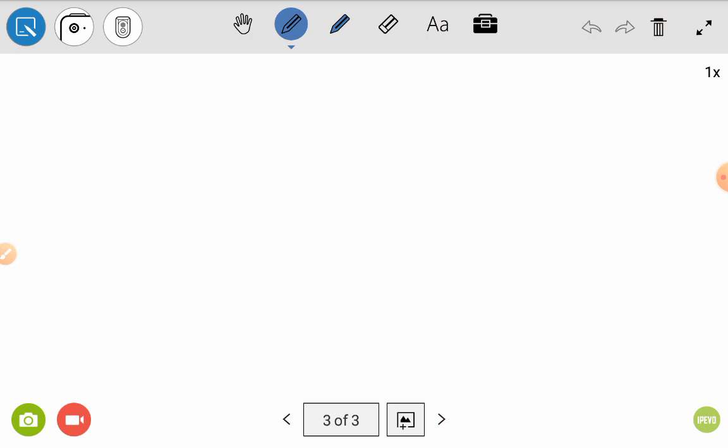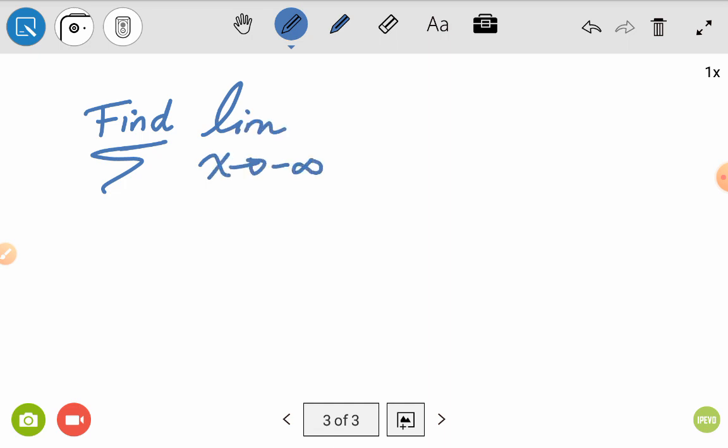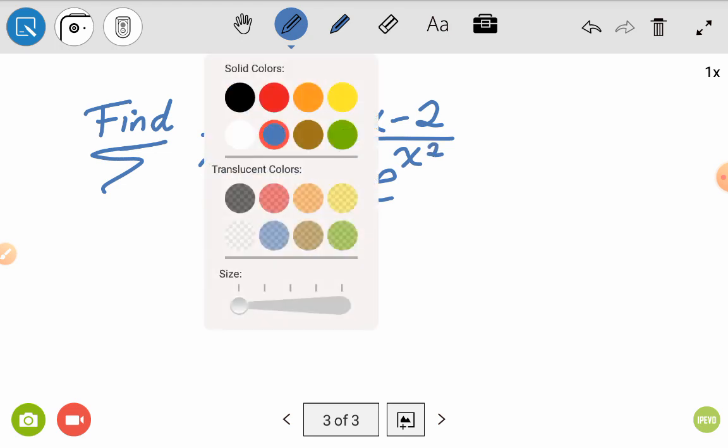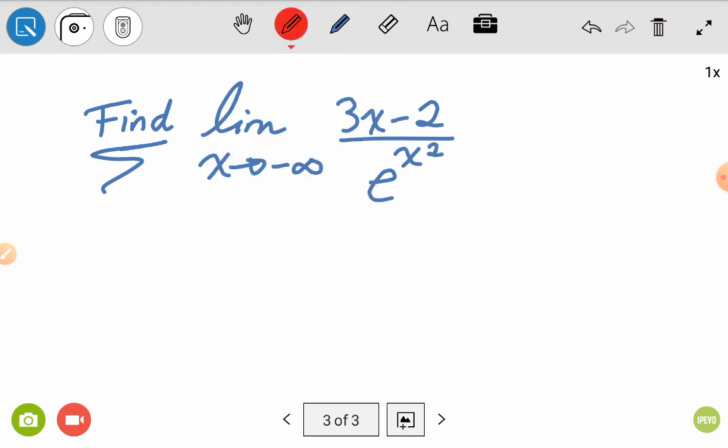Example 2. Find the limit as x approaches negative infinity of 3x minus 2 over e to the power of x squared. Direct substitution.